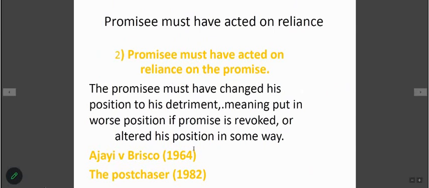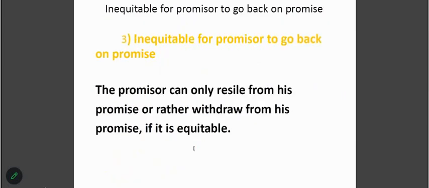The promisee has acted in reliance on the promise. The promisee may have changed his position to his detriment, meaning put in a worse position if the promise is revoked. Okay. Or altered his position in some way. Right. So what will be the outcome? Inequitable for the promisor to go back on the promise.